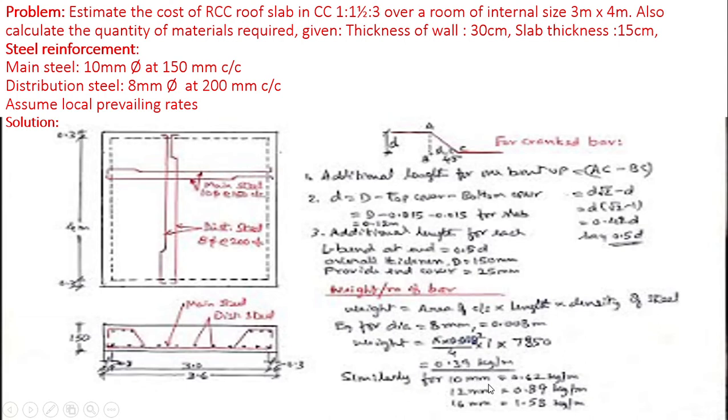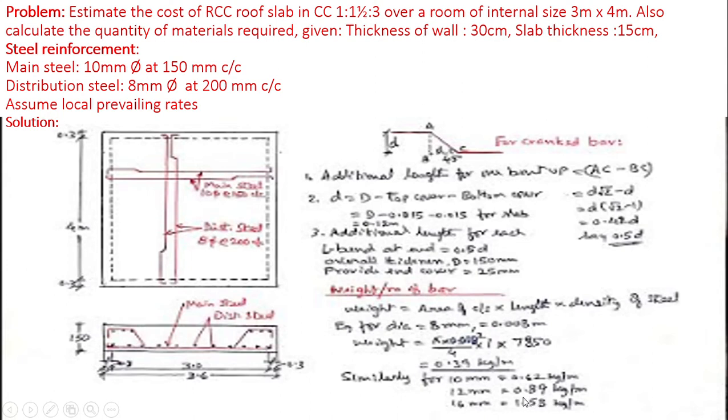Similarly, for 10 mm diameter you can calculate, which works out to 0.62 kg per meter. For 12 mm diameter bars the weight per meter is equal to 0.89 kg per meter, and for 16 mm diameter bar, the weight per meter is equal to 1.58 kg per meter, which means 1 meter length of 16 mm diameter bar weighs 1.58 kilogram. 1 meter length of 12 mm diameter bar weighs 0.89 kilograms.